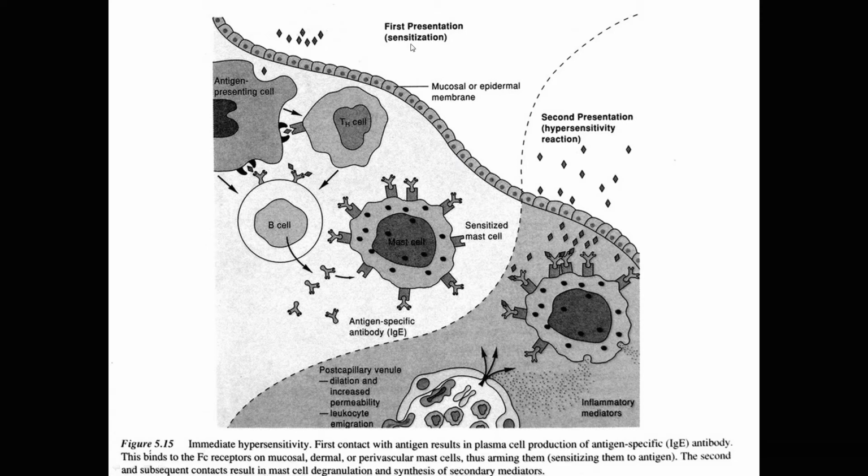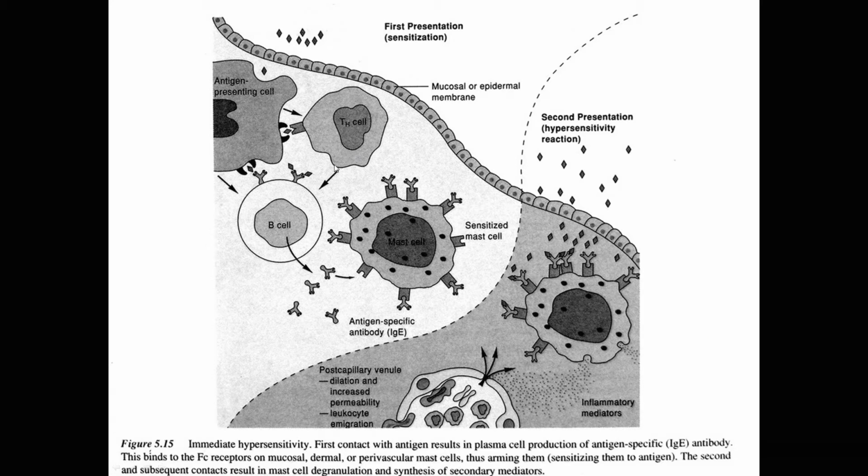Thus, at the first presentation, this is the sensitization phase, the antigen-presenting cells are presenting the epitope on the surface and binding to the Th cell receptor, as already discussed.